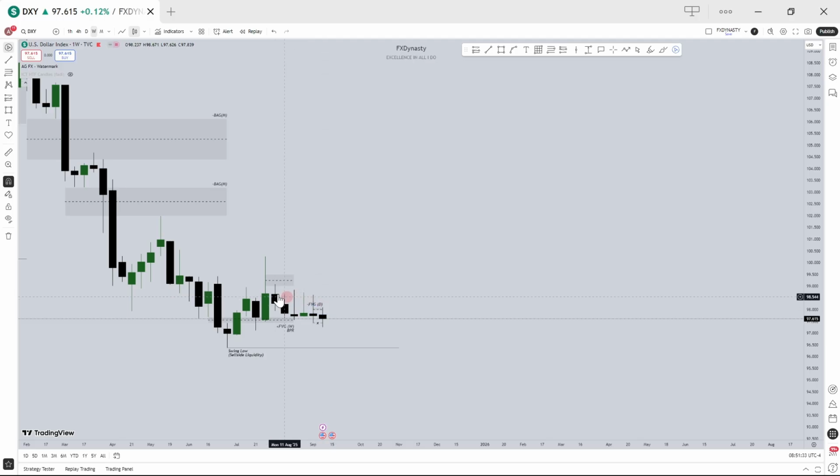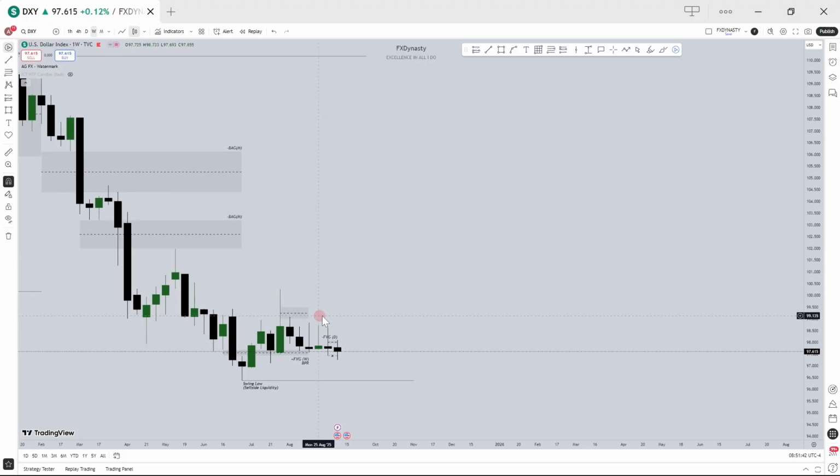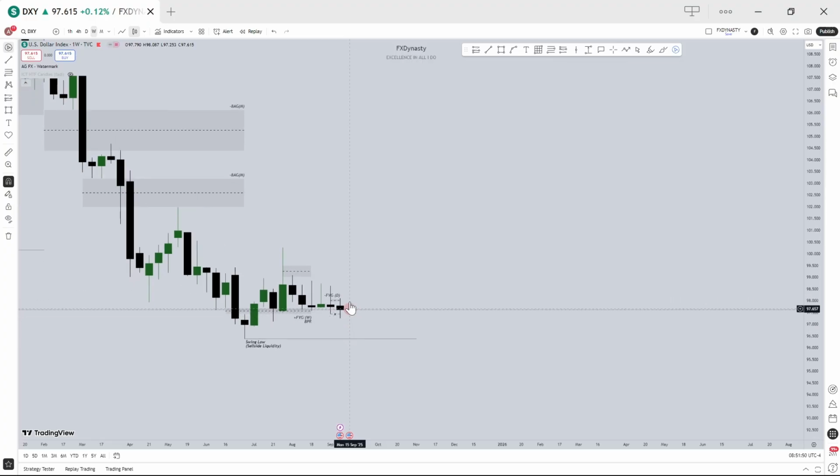You can see the weakness, rejection from the upside, meaning the bears are very much active in this market. So we'll be expecting more bearish movement on the dollar, probably to take out this low, then reverse. I'm not sure, but we should be expecting more bearishness coming into the dollar.